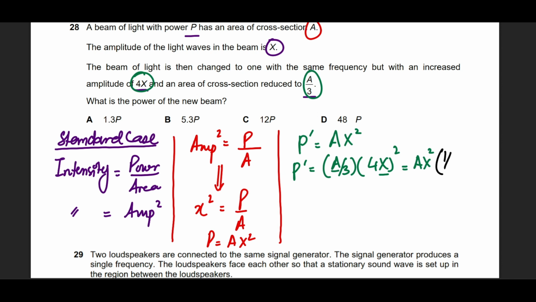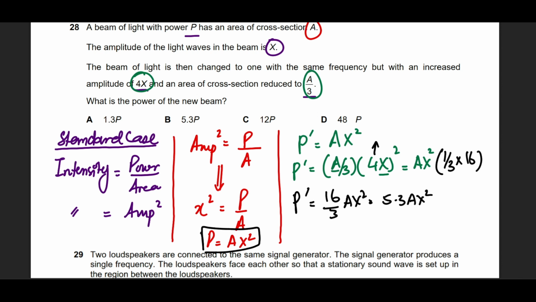So this becomes 1 by 3 multiplied by 16, because 4 square is 16. So P dash equals 16 by 3 into AX square, which is 5.3 AX square. Since AX square is equal to P, this becomes 5.3P, which is option B.